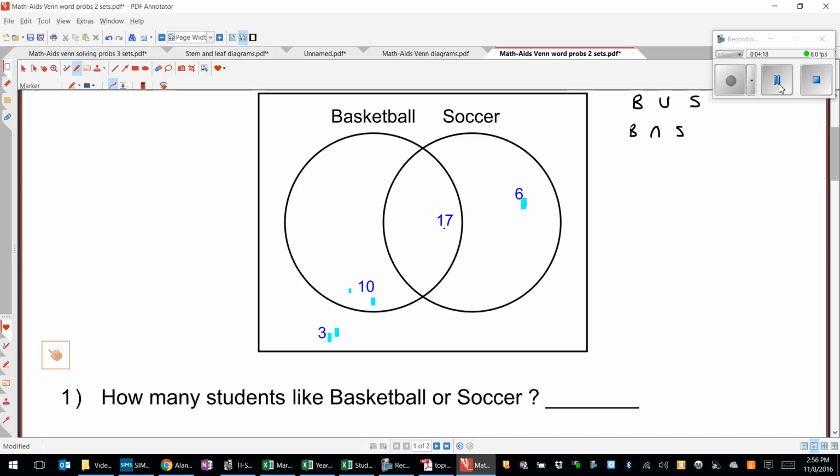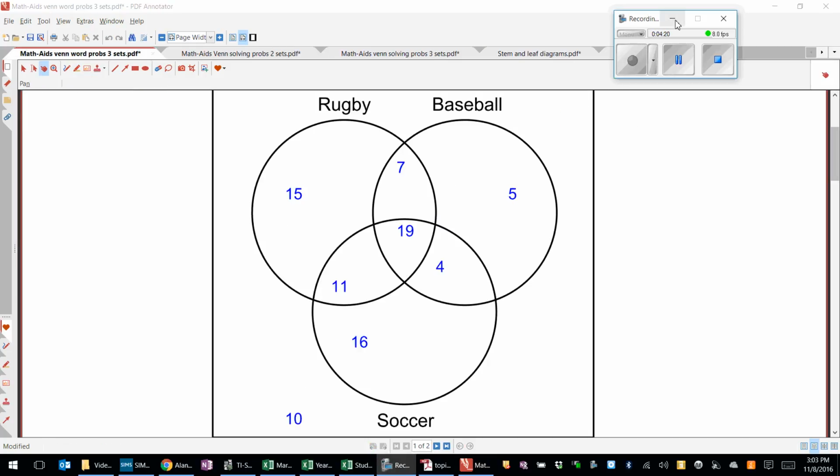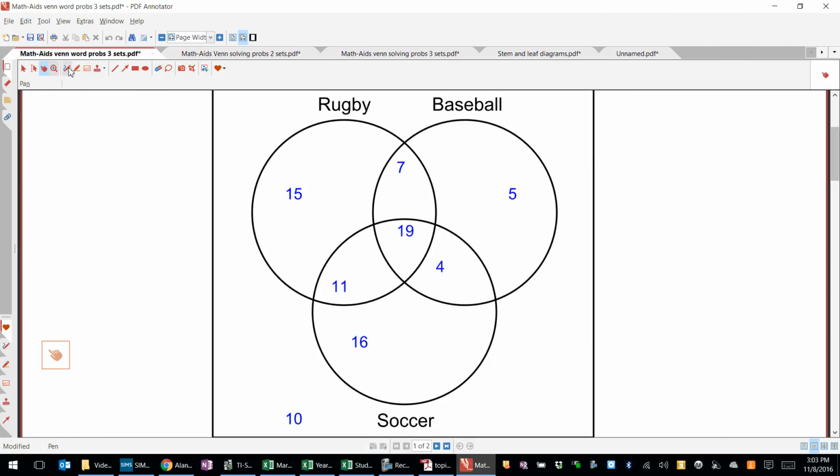So, again, I'm going to shade so that you get used to seeing the shading, because it seems to help with understanding. Okay, so the first question is, how many students like both rugby and soccer but not baseball?